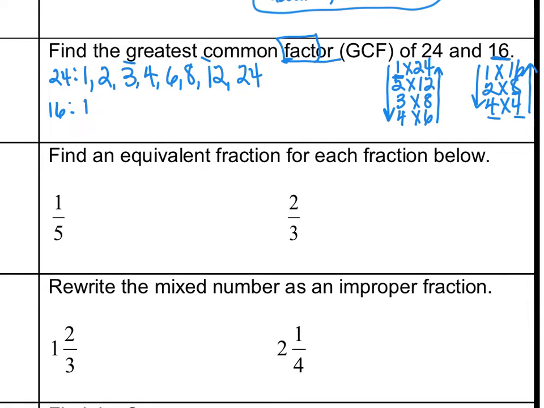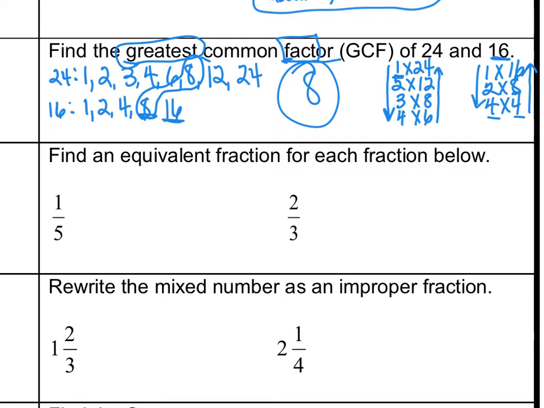So we start with 1, 2, 4, 8, 16. Now I get to pick the greatest one that is common to both of these lists. So let's see. If I start looking at 16, it's not in the other list. But then I look at 8, it is in the other list. So the greatest common factor, the answer here, is 8.